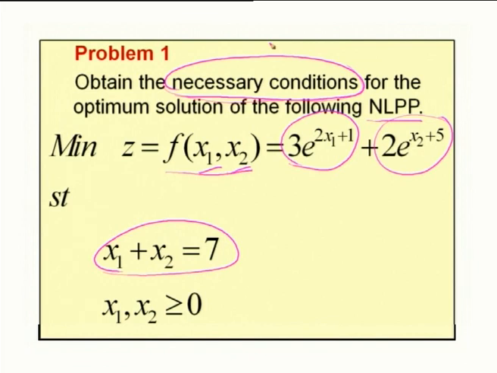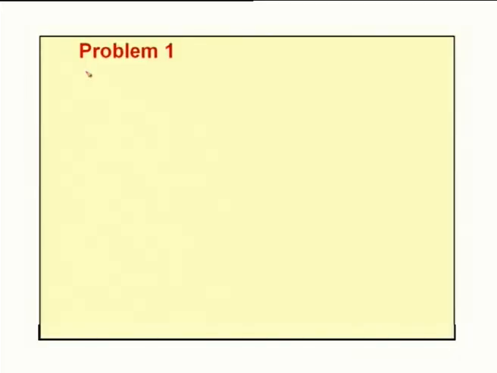In order to find the necessary conditions for the given NLPP, our first idea is to obtain the Lagrangian function for the given problem, which is nothing but L(x1, x2, λ) equal to f(x1, x2) minus λ into h(x1, x2).